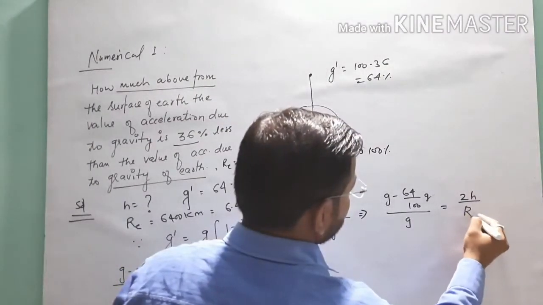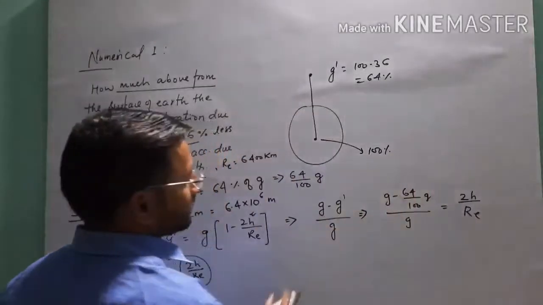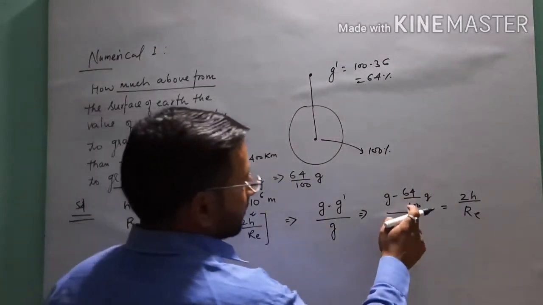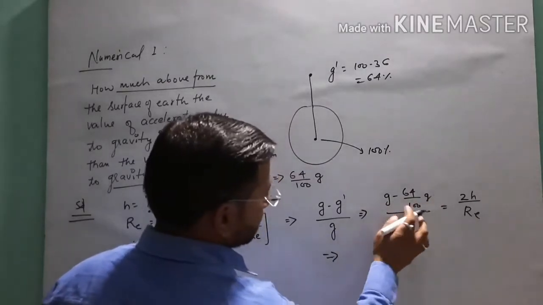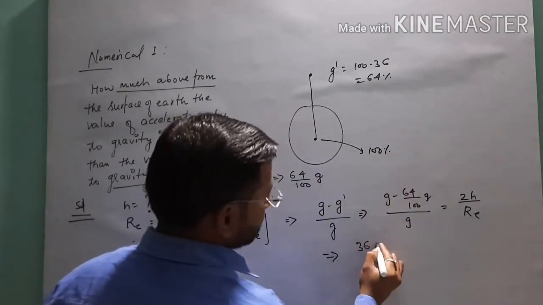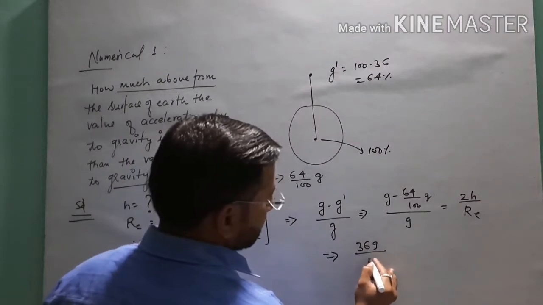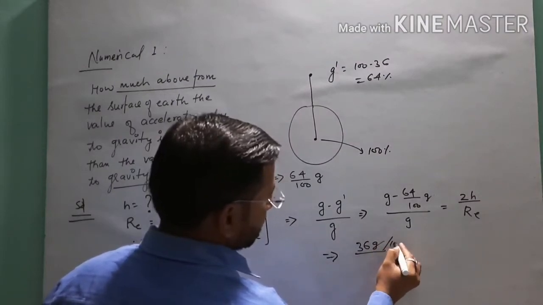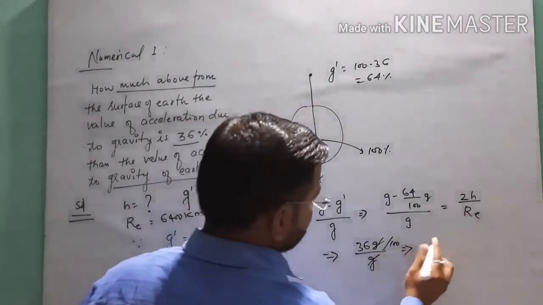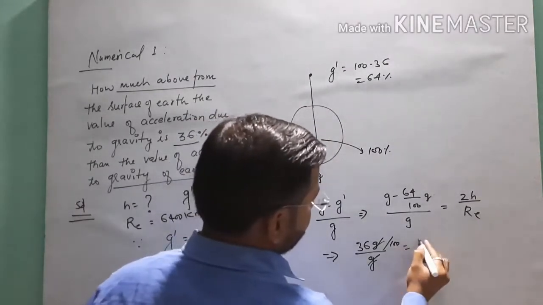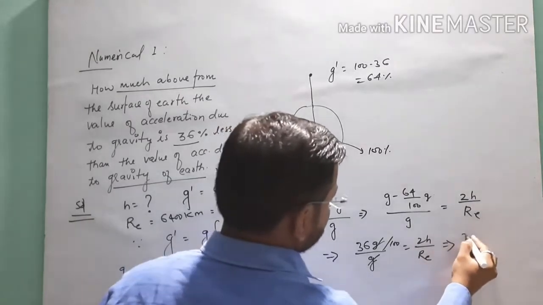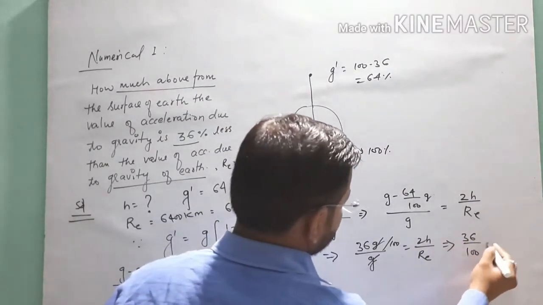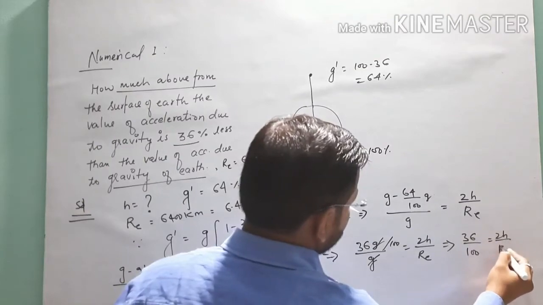You can write this value directly. See here how g is taken common. This is 100 minus 64, 36 g upon 100 of g. g and g cancel out. So it is equal to 2h by Re. It is a simple way to solve. 36 by 100 is equal to 2h by Re.